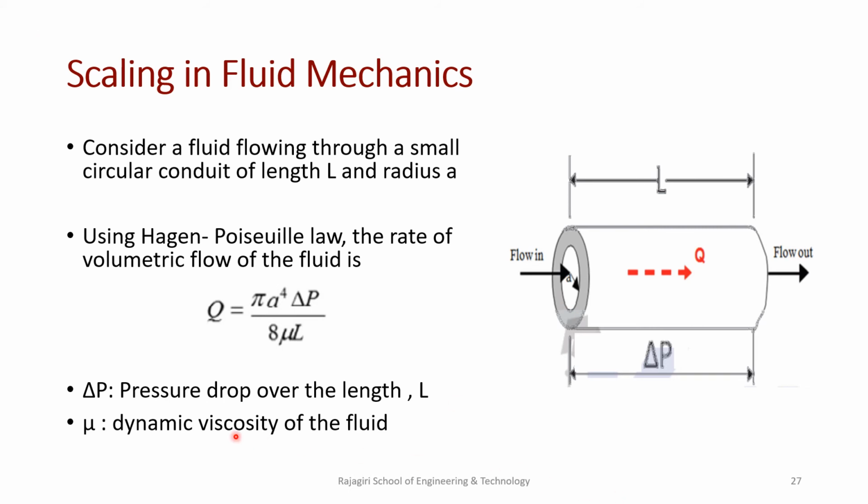The rate of volumetric flow of the fluid is given by Hagen-Poiseuille's law, which is expressed as Q is equal to pi a raised to 4 delta P by 8 mu into L. Here a is the radius of the circular conduit, delta P is the pressure drop over the length L, and mu is the dynamic viscosity of the fluid.